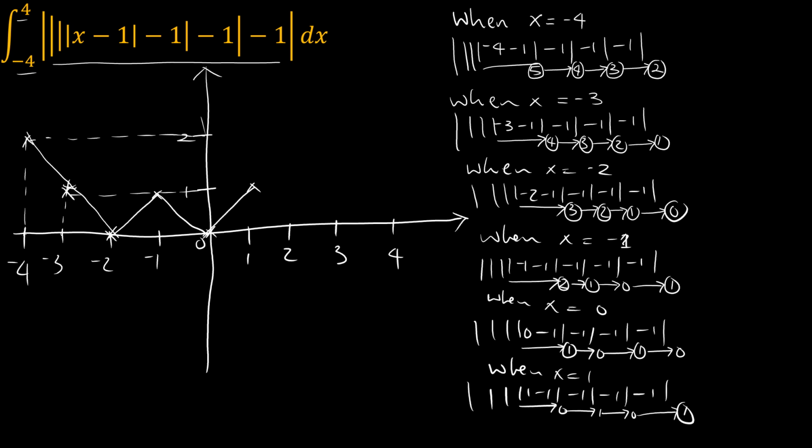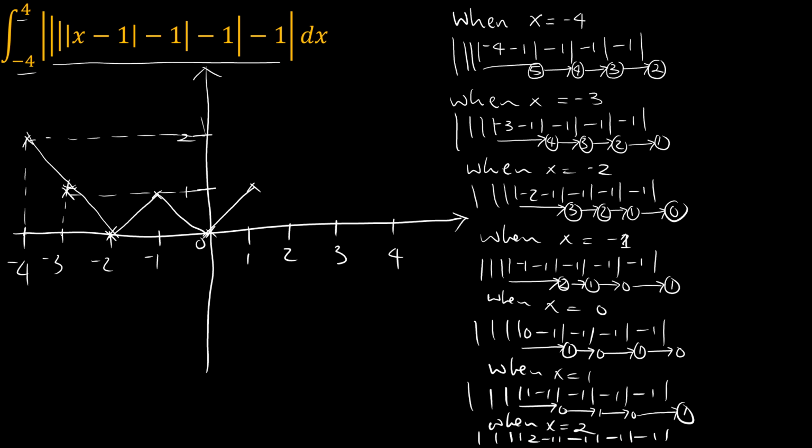And we see when x equals 2, we have 2 minus 1, absolute, minus 1, absolute, minus 1, absolute, minus 1, absolute. So we're beginning from 1.